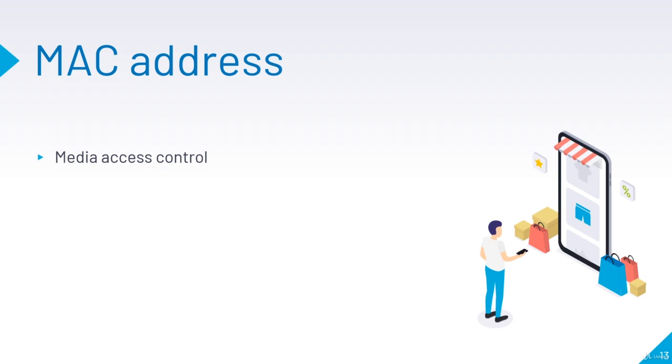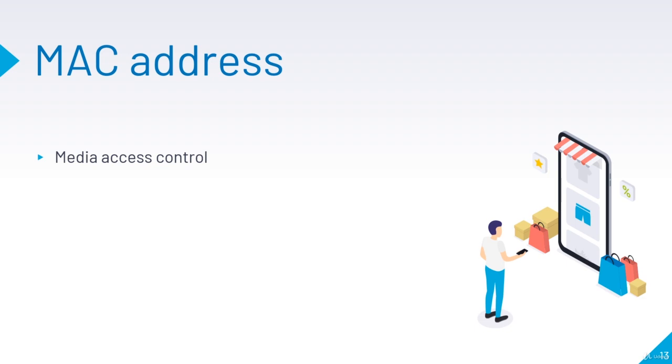This is because the inside communication is managed by MAC addresses. Even if there is no internet access, you can still use MAC addresses to communicate with devices in your own network. It stands for media access control.